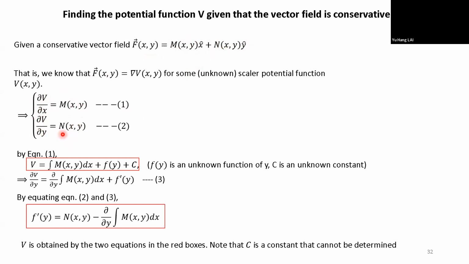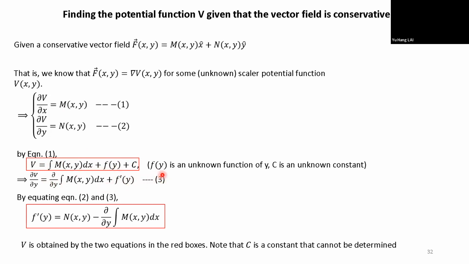Now, just like what we did, if I take this first component and integrate both sides with respect to x, then I have v equal to this integral plus some unknown function f of y plus some unknown constant c. Now from here, if we take the partial derivative with respect to y, we get equation 3.